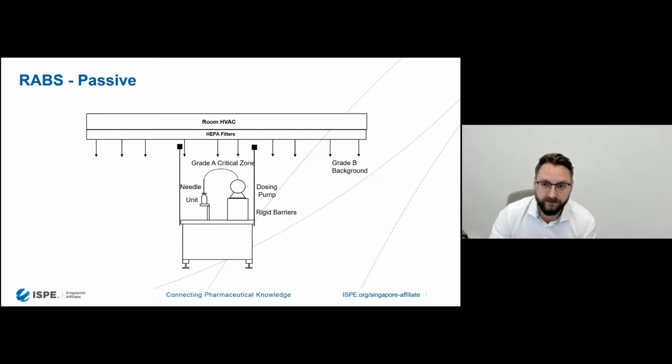So that type of intervention is much better controlled every time an operator performs it, and also from operator to operator. And then you can perform the smoke studies, and the operators can go through their operator qualification with a lot more strict instructions as far as how to perform these interventions.